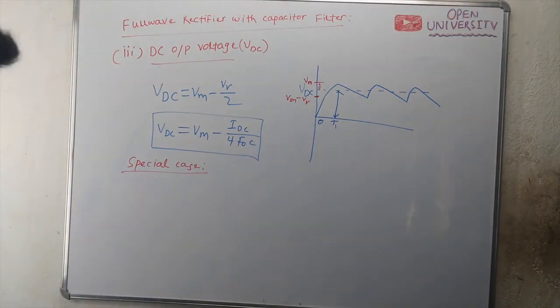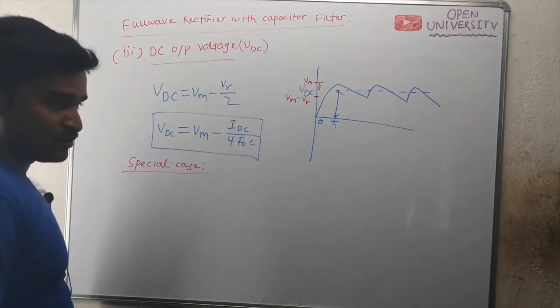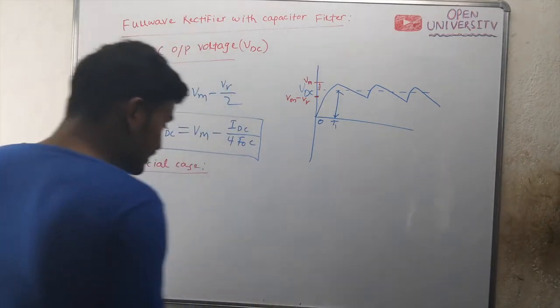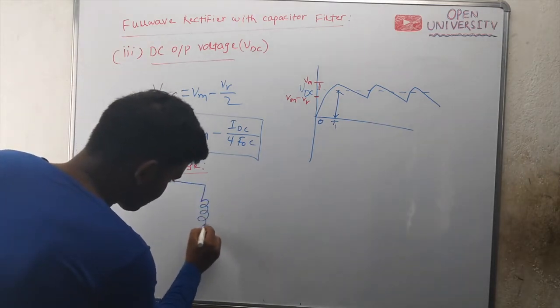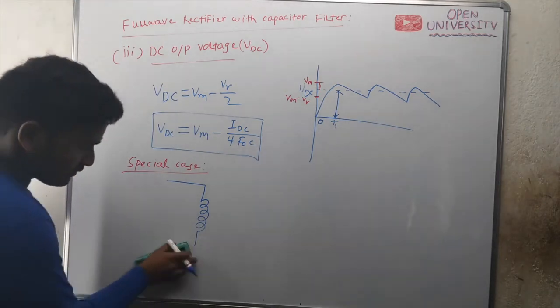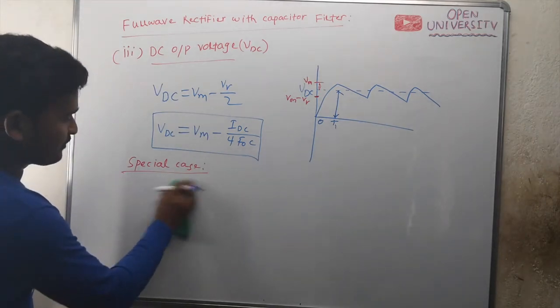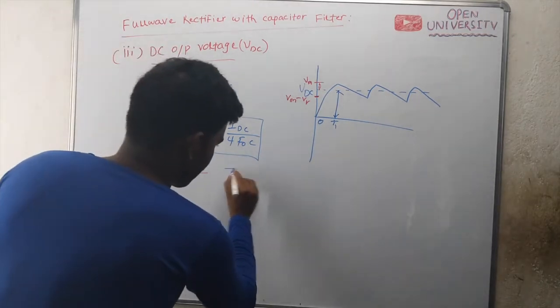I am discussing a special case of full wave rectifier with capacitor filter where RL is not present. Let's analyze that. If you do not connect RL, what happens?